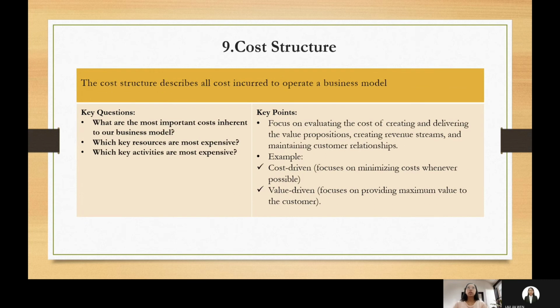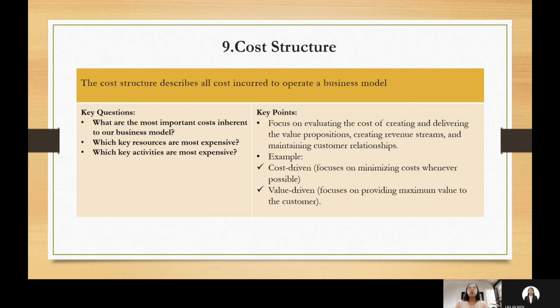Lastly is the cost structure. The cost structure describes all costs incurred in order to operate a business model. It must focus on evaluating the cost of creating and delivering the value proposition, creating the revenue stream, and maintaining the customer relationship.